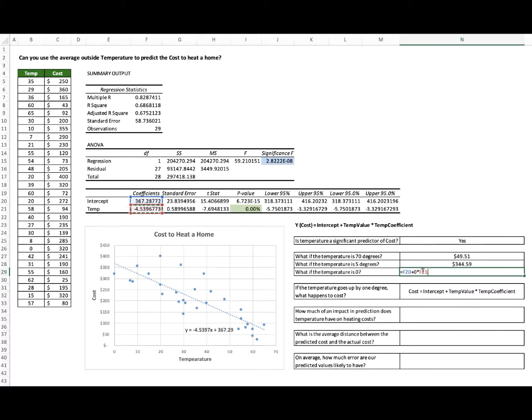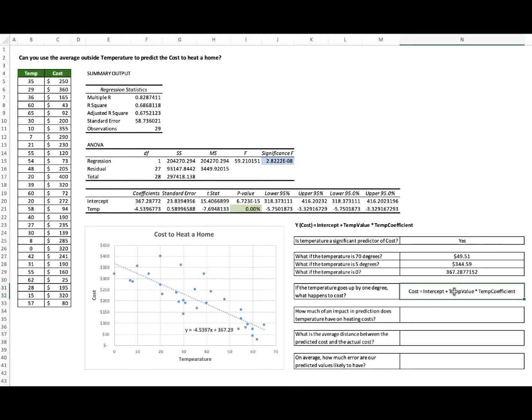You get 0. So if your variable is 0, then when it crosses the y-intercept, it's going to be whatever this coefficient is right here. So it's 367. Essentially, you're saying, ignore the x's. Pretend they don't exist. What do we think the cost is going to be?